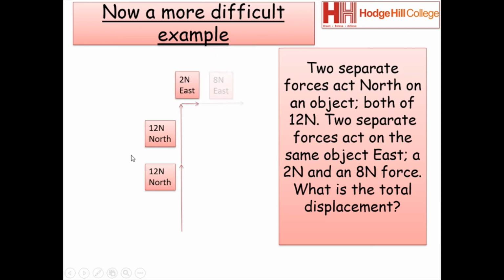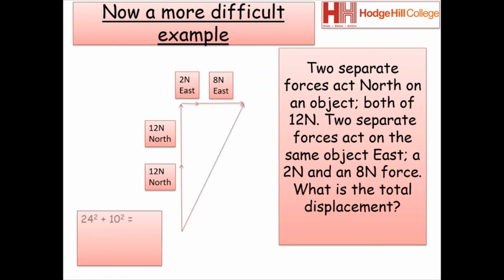And because these two are going in the same direction, we would add up these values. So technically we could turn this into a triangle again, where side A is worth 24 newtons and side B is worth 10 newtons, and we do exactly the same as before with Pythagoras Theorem.